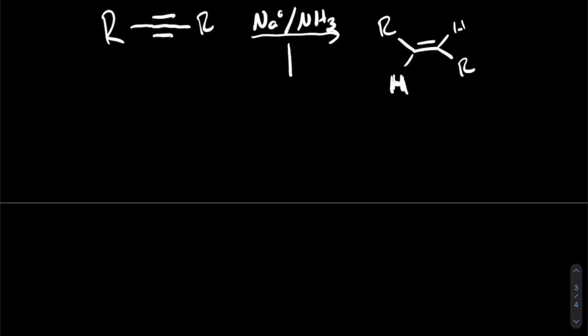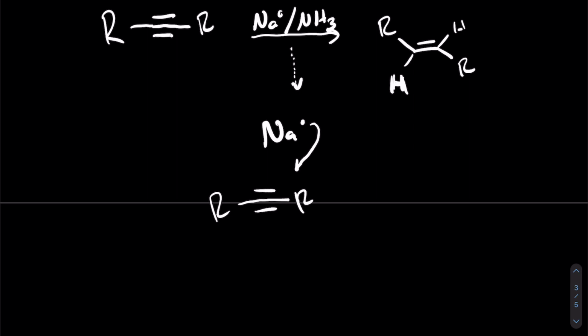So when you mix sodium in with ammonia, you end up generating the sodium radical. And that is now going to be able to do a radical abstraction from your alkyne. Let me just redraw that alkyne here. And that's going to come in.